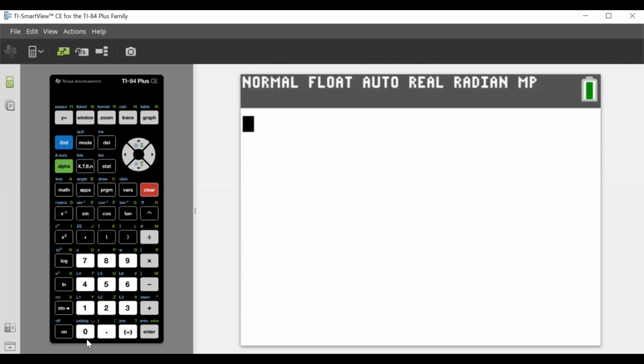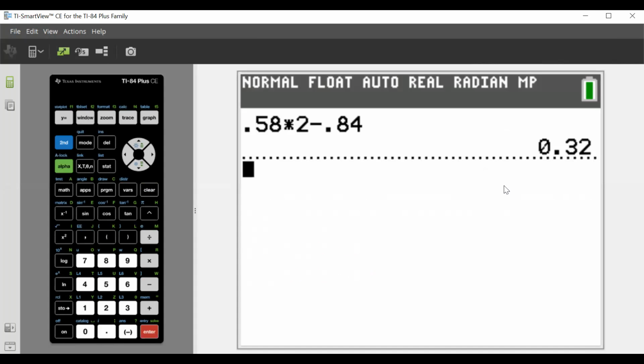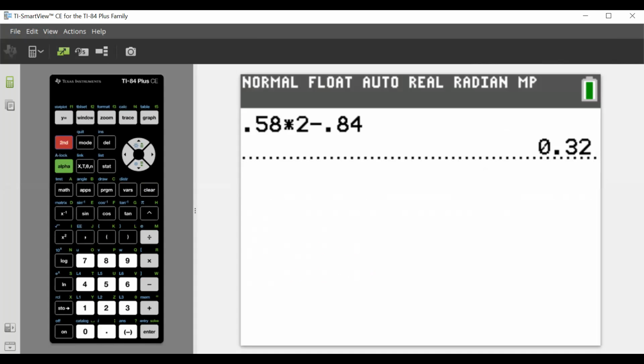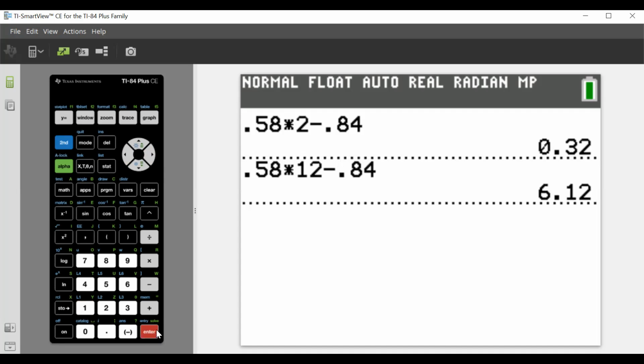Okay, so let's go plug those in and see what we get for our values. We had 0.58 times 2 minus 0.84, and so we get 0.32. And then if we do it for 12, we get 6.12.